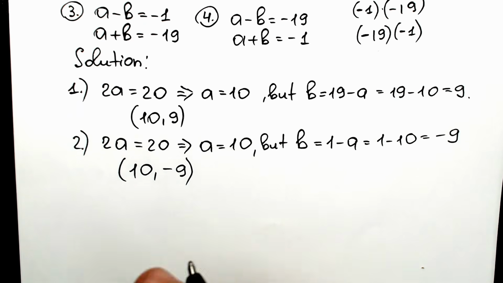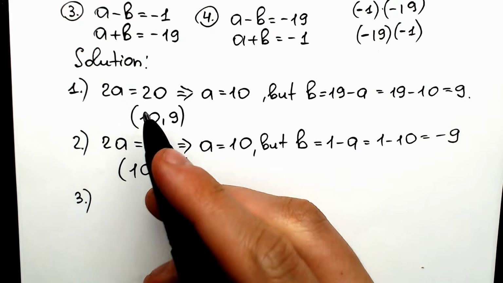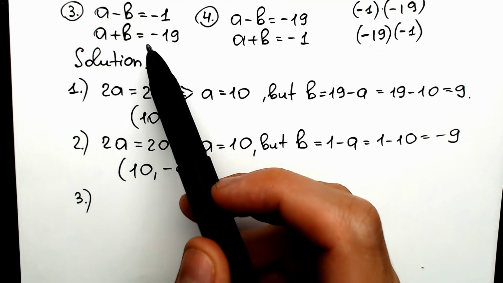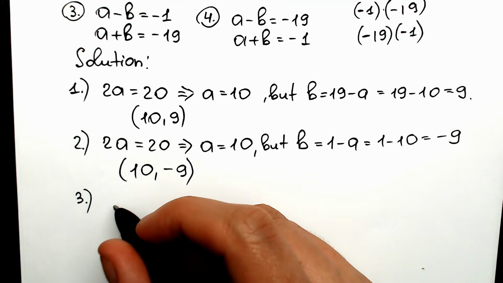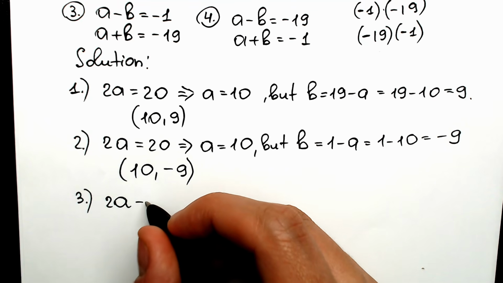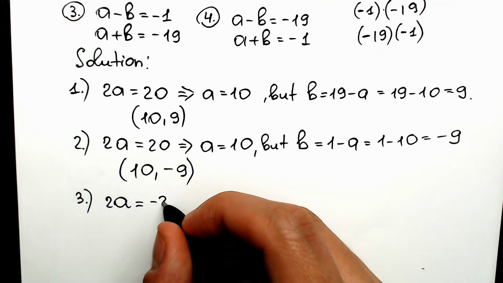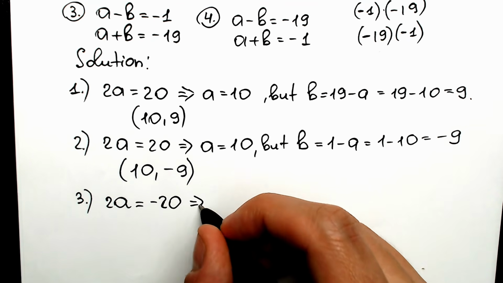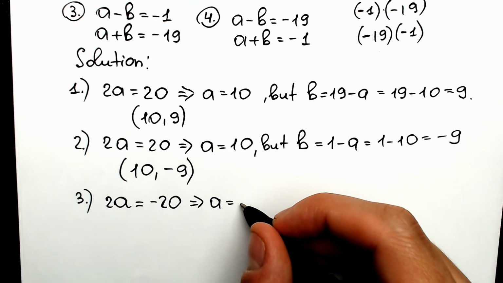Let's solve our third system of equations. We have 2a equal to minus 20, and from here our a is equal to minus 10.